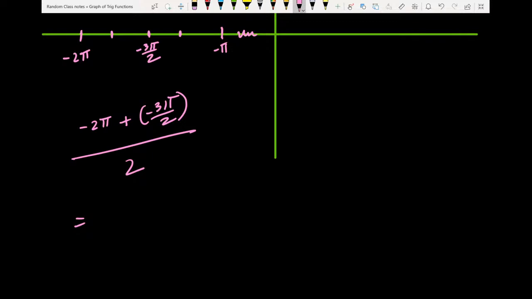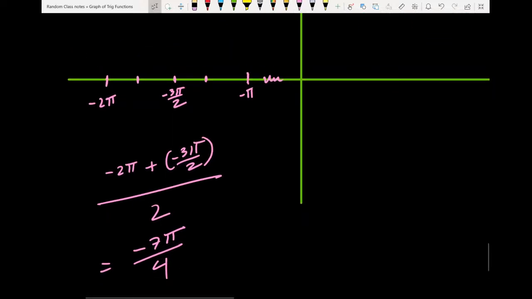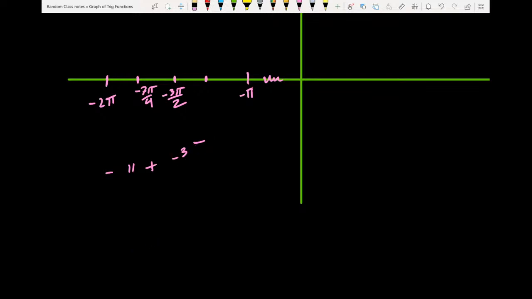Just adding the fractions. Negative 7 pi over 2. Is that correct? Is it negative 7 pi over 4? Yeah? Hannah? You sure? All right. What about the last one? What's the last one, John? Yes, that is correct.